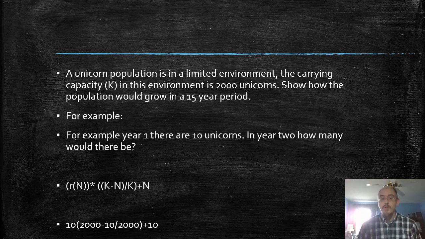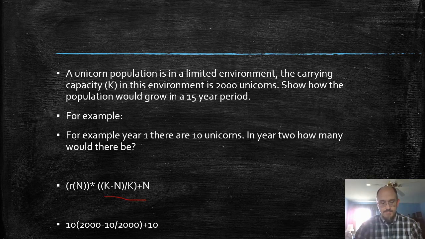And then you multiply that by the carrying capacity minus the population size divided by carrying capacity plus the population size. So let me say that again in case I said it wrong. The carrying capacity minus the population size divided by carrying capacity plus the population size. Okay, that's what the second part of the formula is.